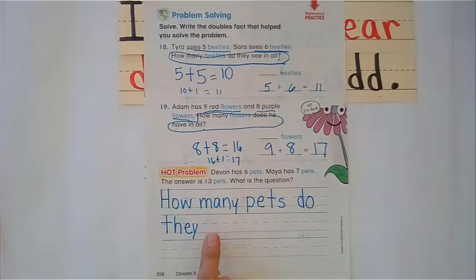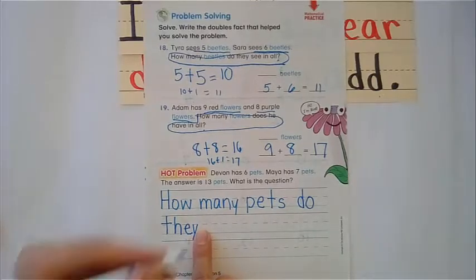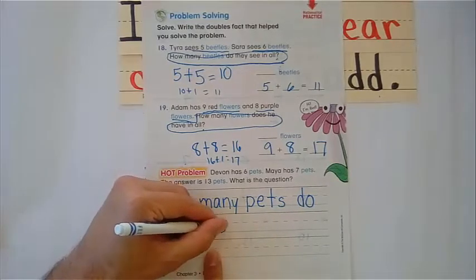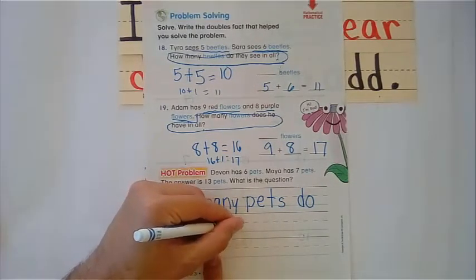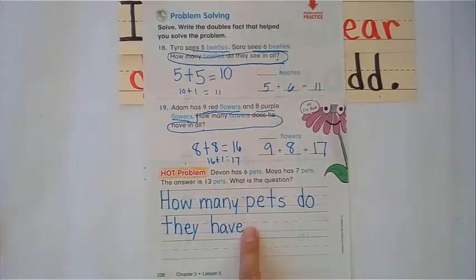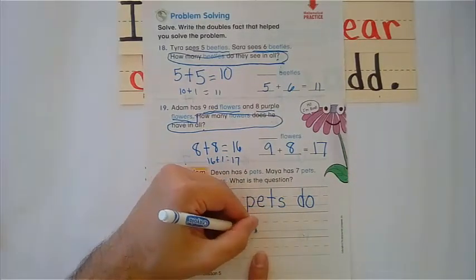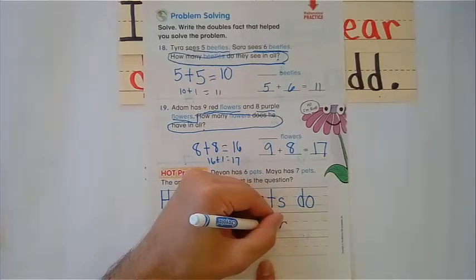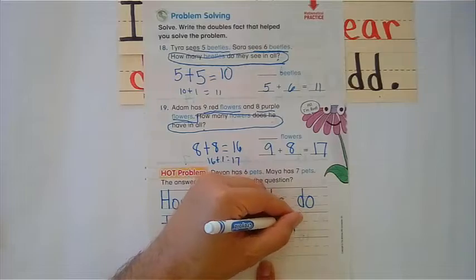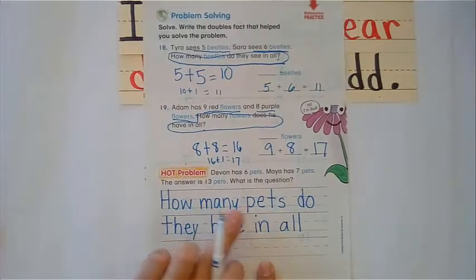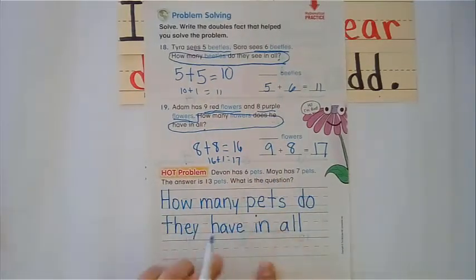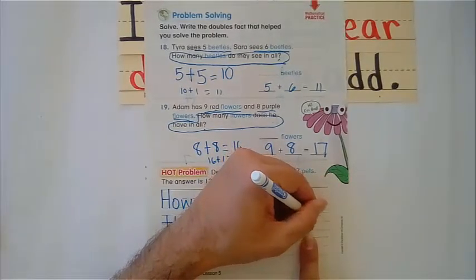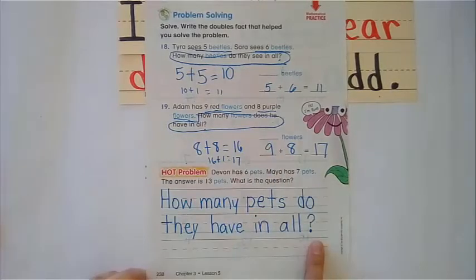I'm taking my time writing so it looks nice. Have, so finger space, have. Finger space, in, finger space, all. How many pets do they have in all? And since I'm asking a question, I need a question mark. Okay?